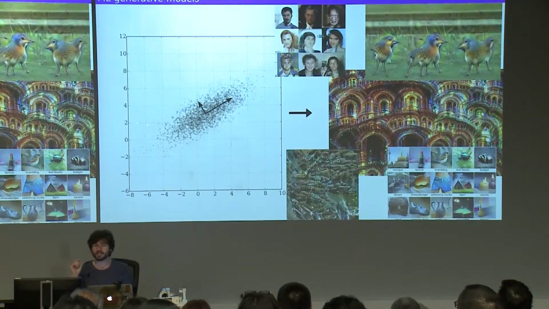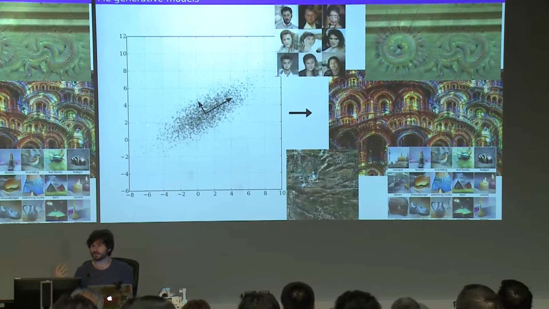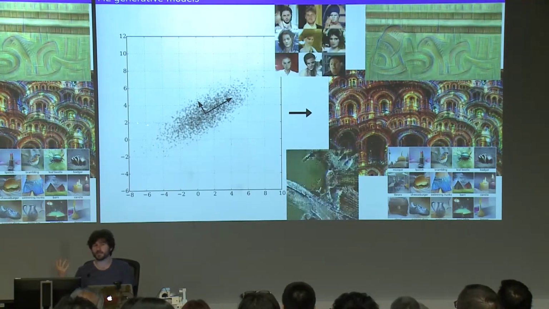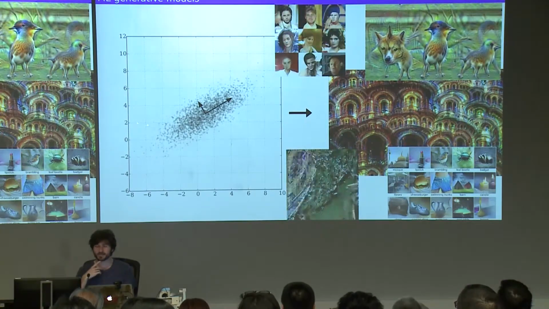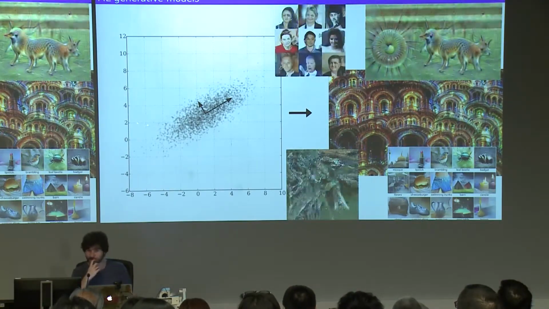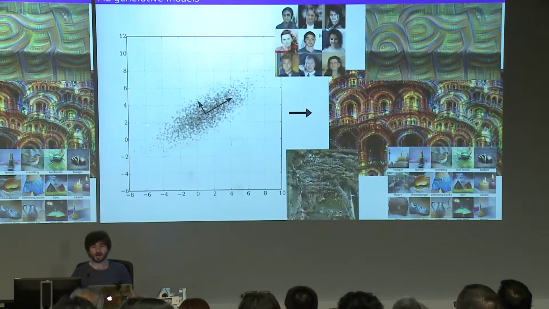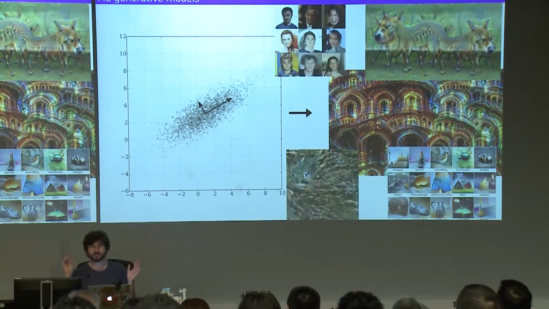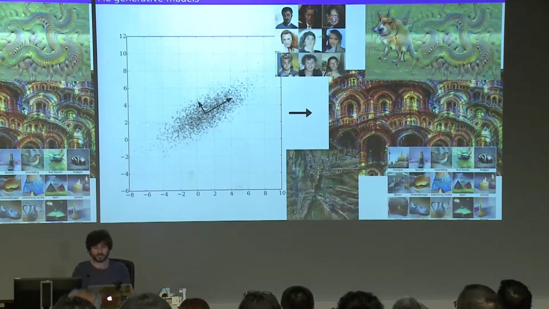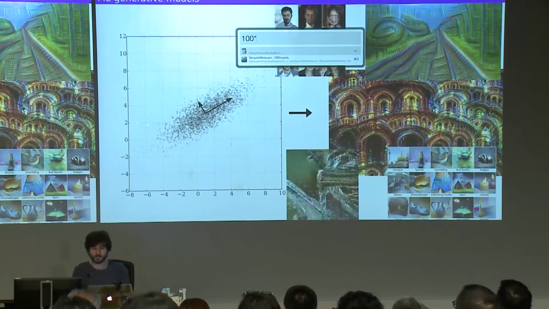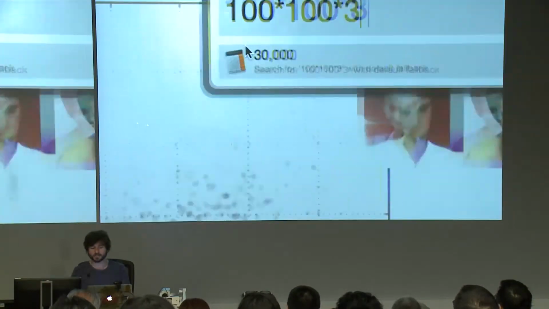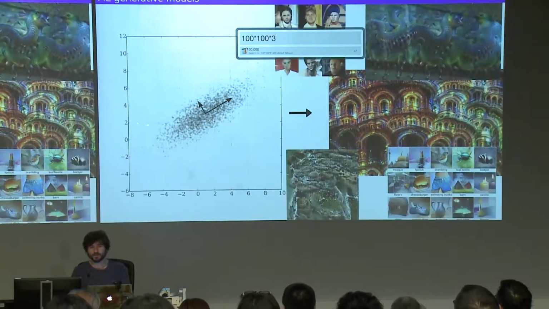And in your data set, you have several of these combinations of pixels. Let's say you have 100 of them, or 1,000, or 10,000. But really, in your data set, you have many possible images. If your images are 100 by 100 pixels, the space of possible images you can make with that is at least this many, 30,000 dimensions, right?